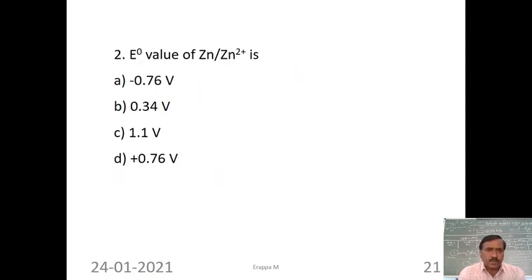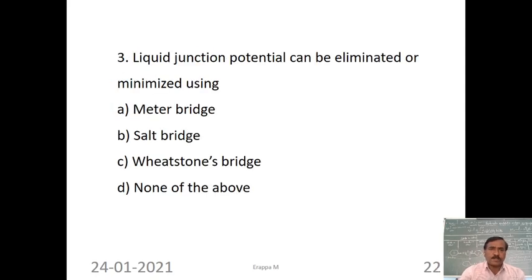Question number 2: E0 value for Zn/Zn2+ is A, minus 0.76, B, 0.34, C, 1.1 volts, D, plus 0.76 volts. The answer for this question is A, that is minus 0.76 volts.